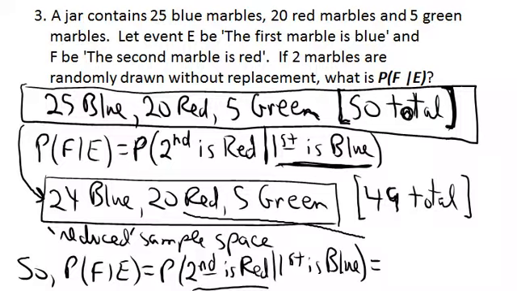Well, there are 20 reds and there are 49 elements in the reduced sample space, and that does not reduce. So the probability that the second one is red given the first one is blue is 20/49.